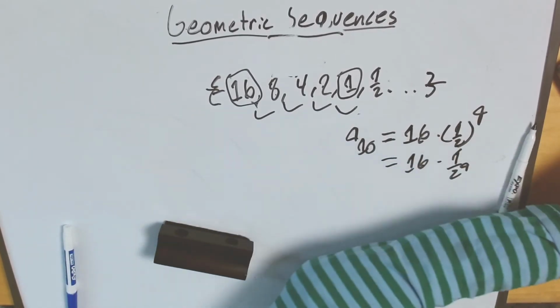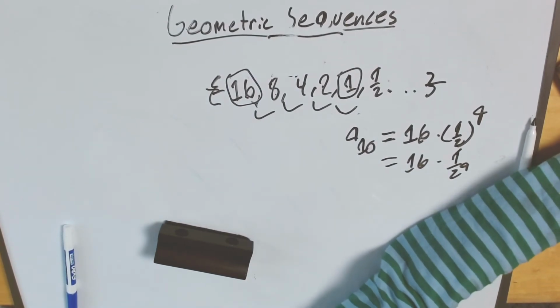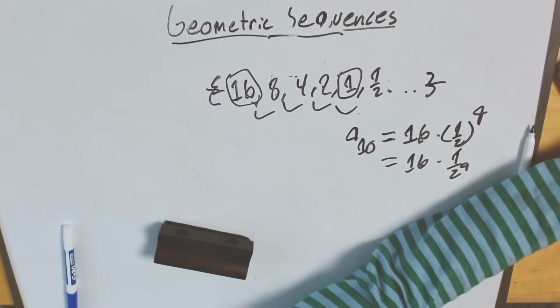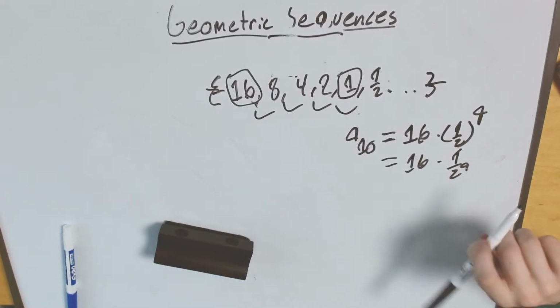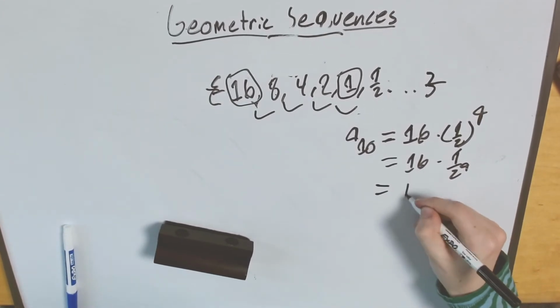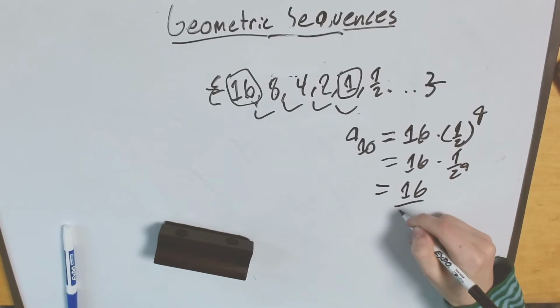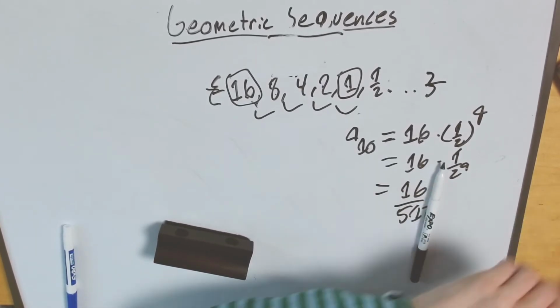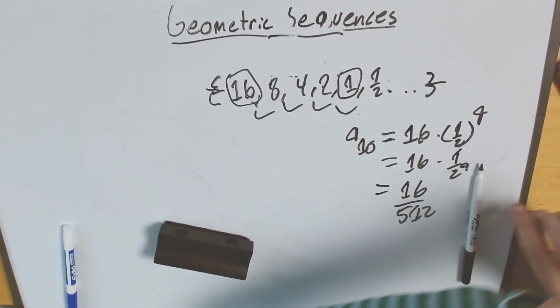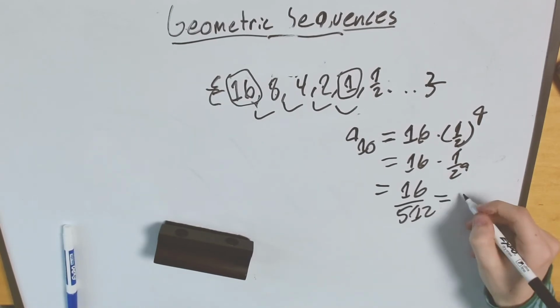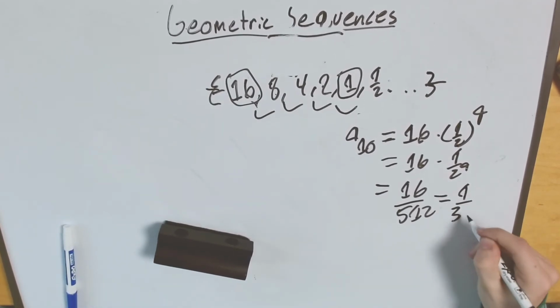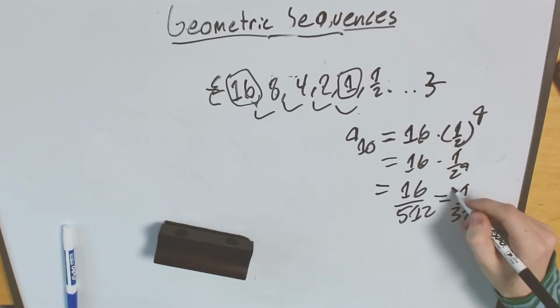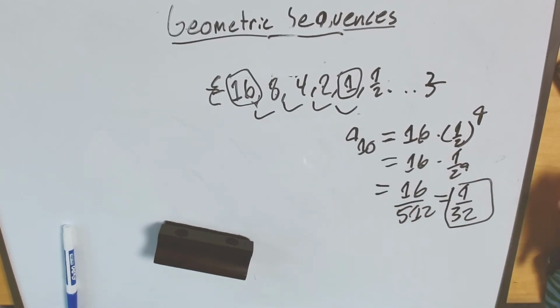And this still is a little hard, but it's certainly a whole lot easier than manually going out and doing all this math. So I get 16 over 512, which of course, if I simplify further, I get 1 over 32, which is my final answer. That is the 10th term in this sequence.